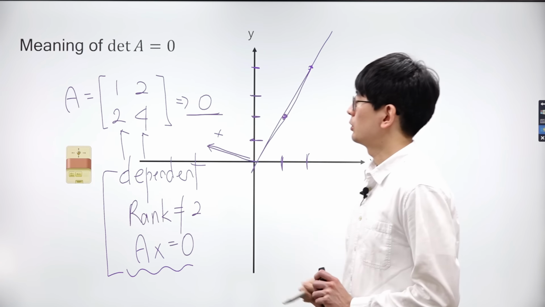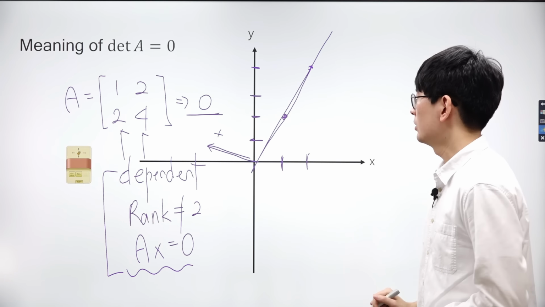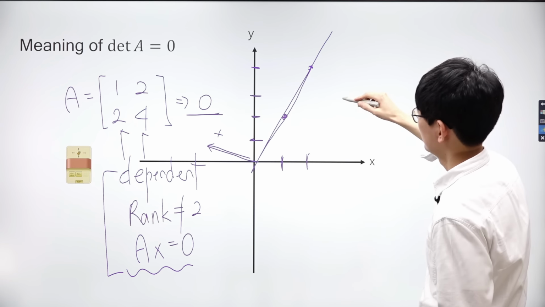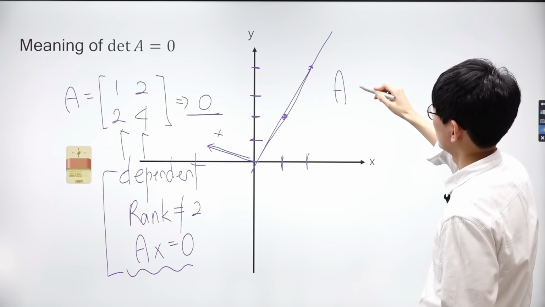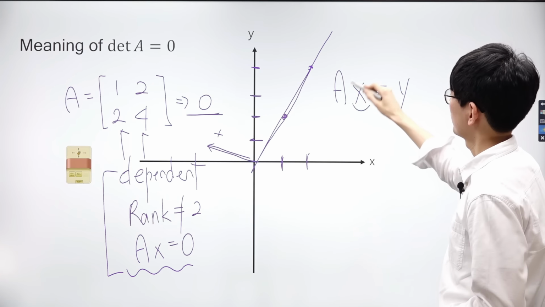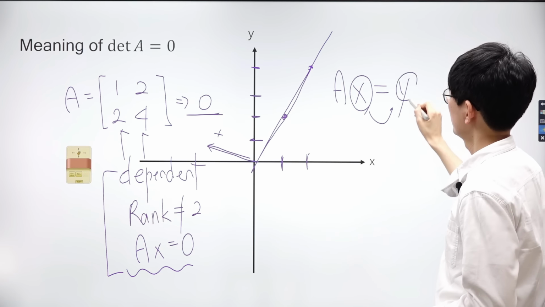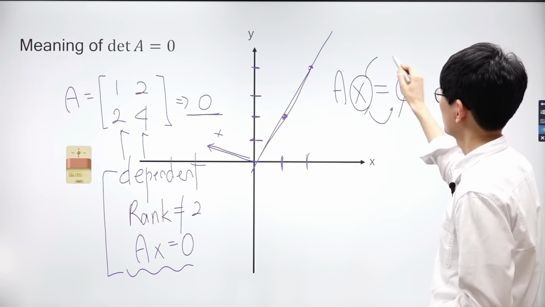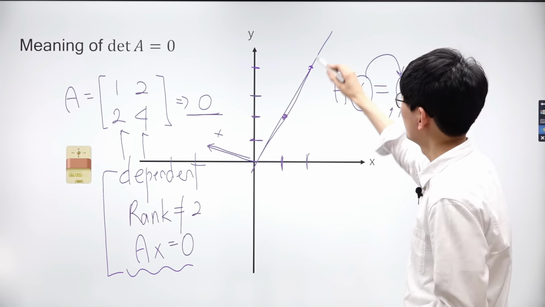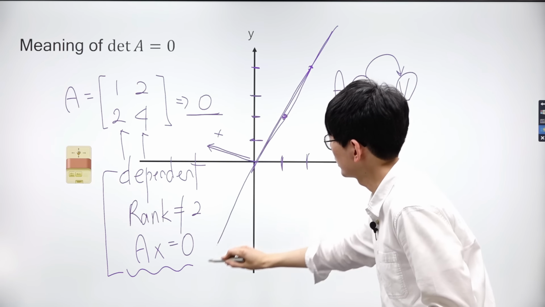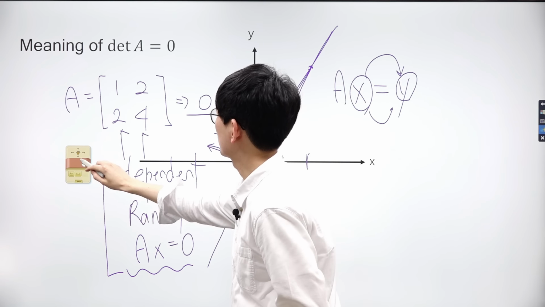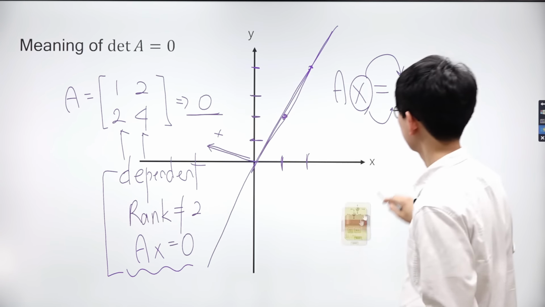Now let's interpret the geometric meaning of a determinant of 0. Suppose we multiply matrix A by a vector x and the product is vector y. In this transformation, any vector we multiply ends up on the same line as y. Even vectors initially located outside this line ultimately align with it.